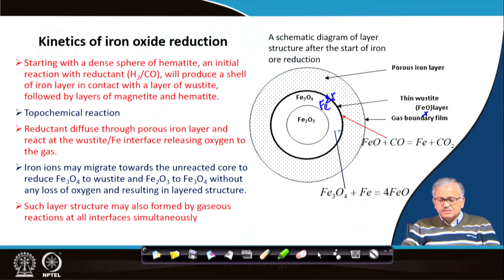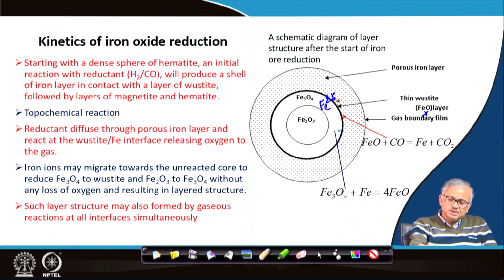At the Fe3O4 interface, the Fe3O4 can react with the iron, forming FeO. This reaction can take place without any oxygen exchange. Basically, iron will come and convert Fe3O4 to FeO.